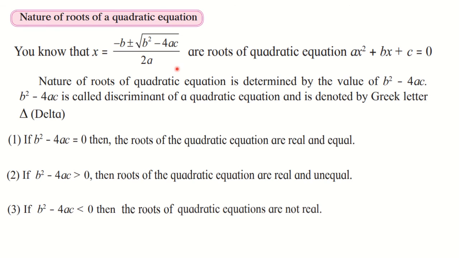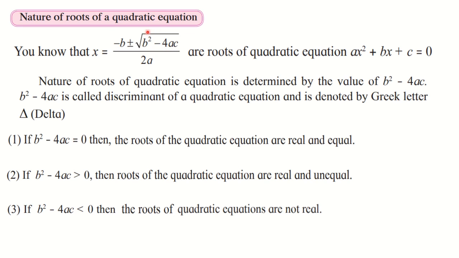When we solved the questions there, we found that the value of b square minus 4ac was always positive whenever we solved by formula. Since we got positive, it is possible for us to get the roots. That means the nature of the roots of a quadratic equation is determined by this particular term, b square minus 4ac.